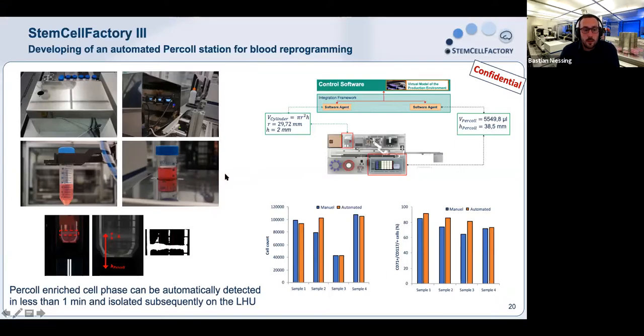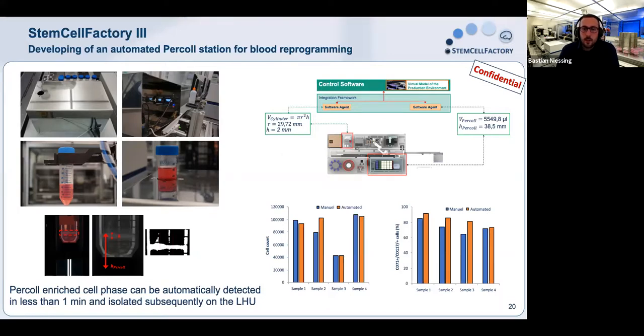With this system, we make an image of the buffy coat phase, and then we can automatically detect this phase. Once we have detected it, we can easily calculate the volume and the height of this phase. On the right side, you can see an example for the volume of a phase.